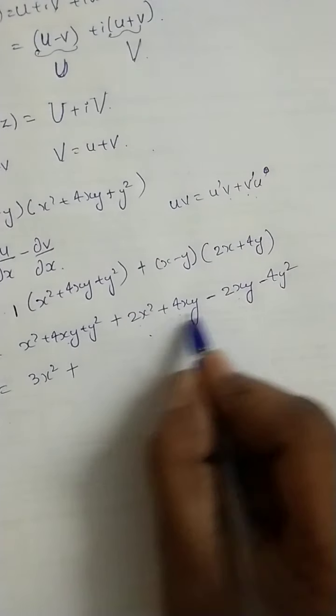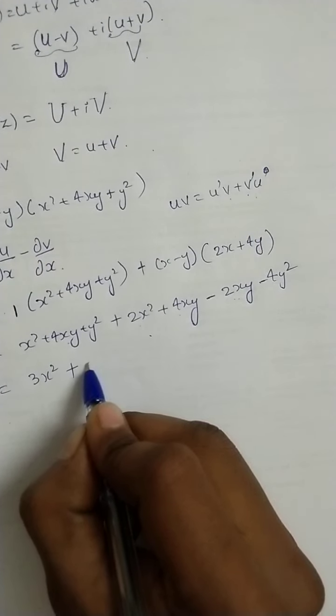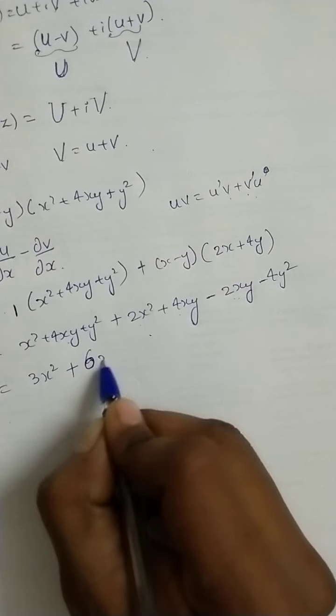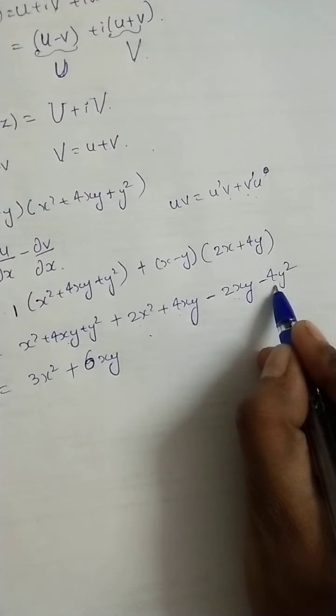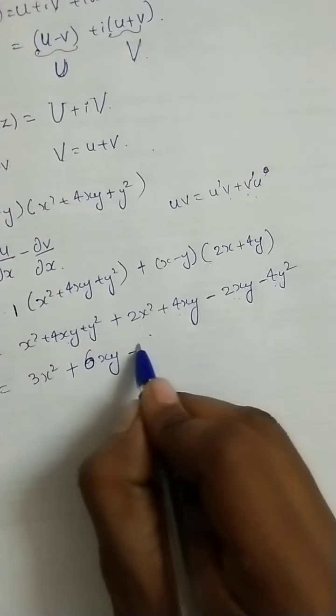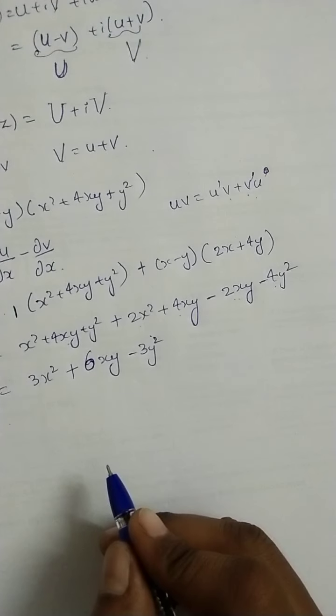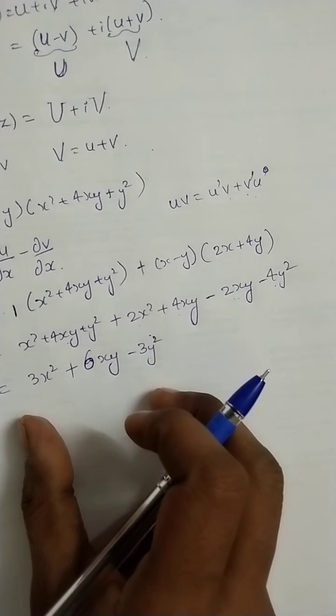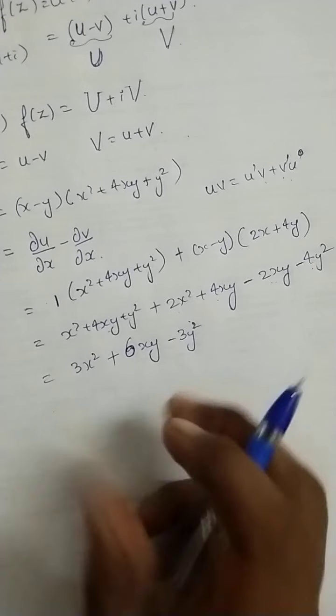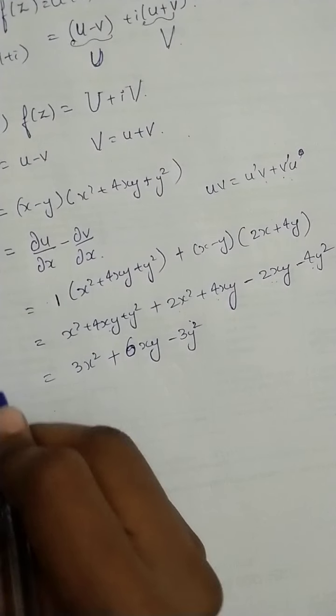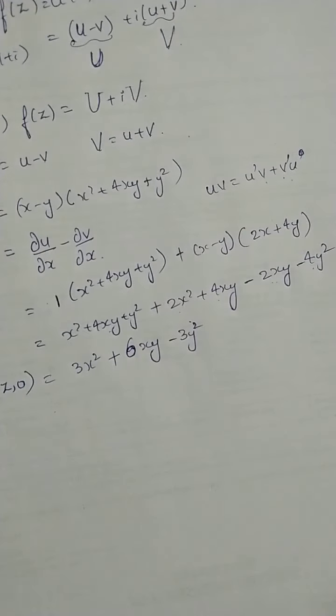Again here 8 minus 2, that is 6xy. Again y square minus 4y square, that is minus 3y square. So this is our value. Now we will consider this as phi 1 at z comma 0.